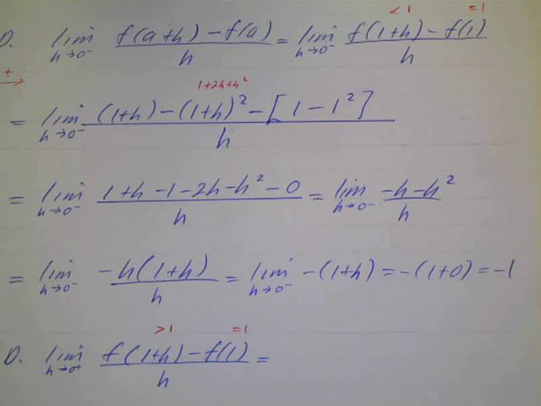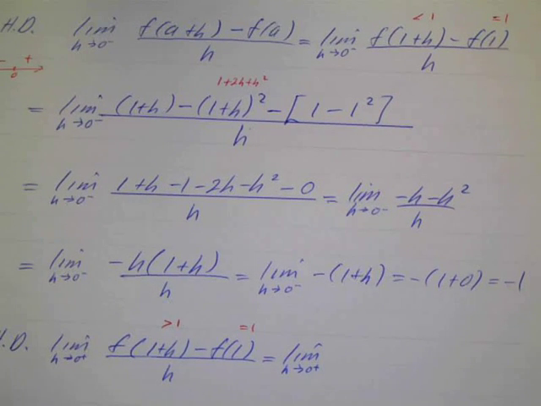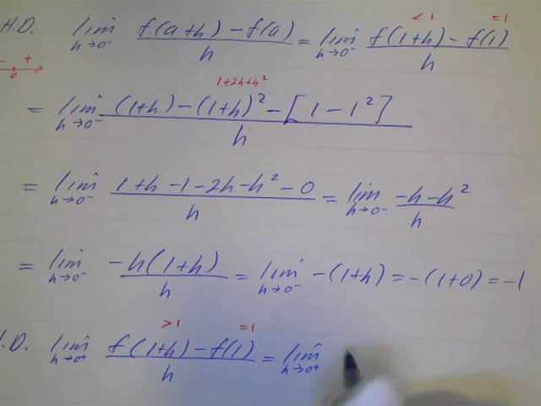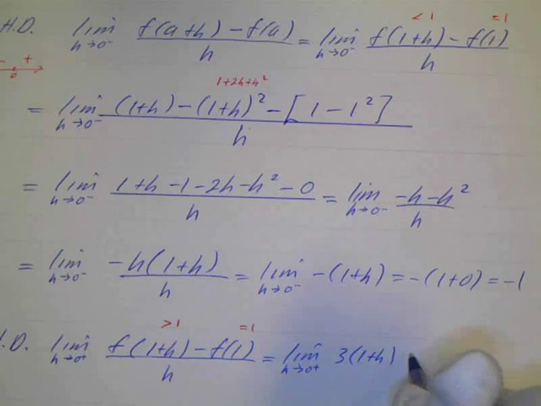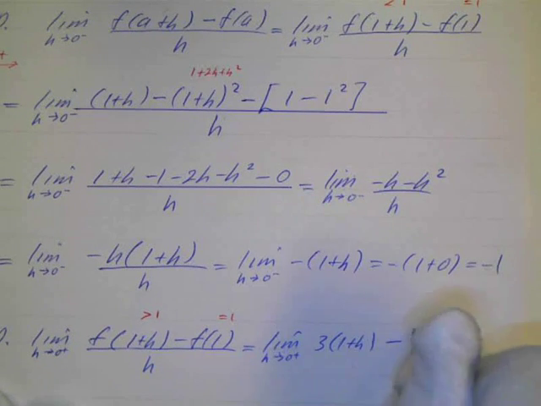All right? So this equals the limit as h approaches 0 from the positive direction of 3 times something, so that's going to be 3 times x. In this case, the x is 1 plus h. But then minus the same thing we had, because that's the f of 1.